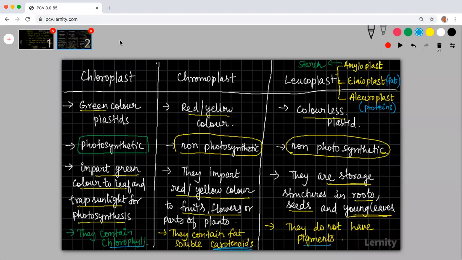When chlorophyll molecules are not sufficiently produced, you will be able to see the other pigments which are present there. Otherwise, the chlorophyll will be overpowering the other pigments. As the plant is getting older and older, the chlorophyll will start to reduce, and then you will be getting it.